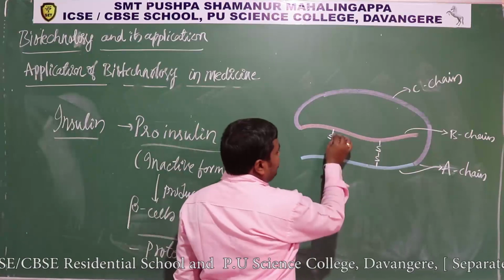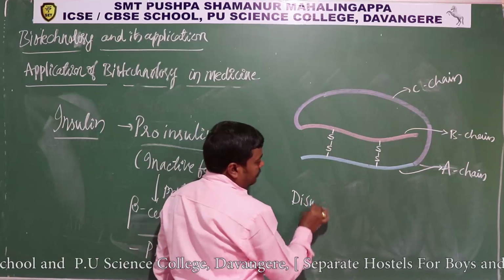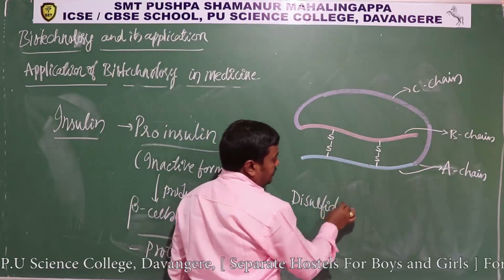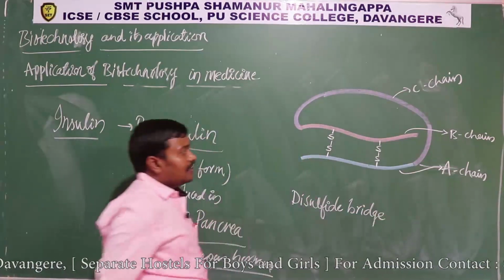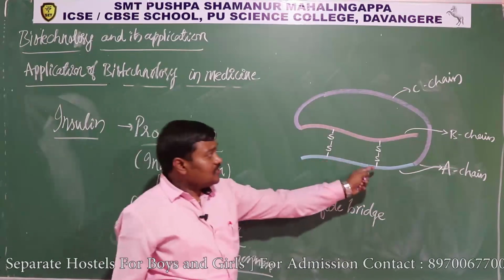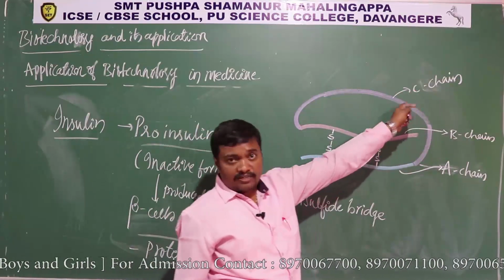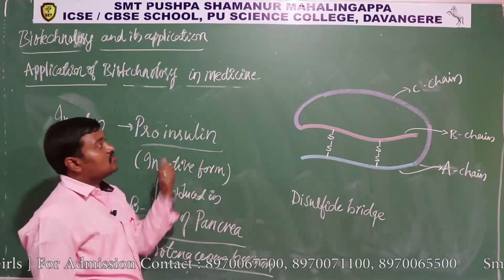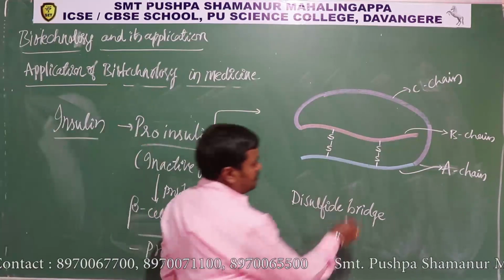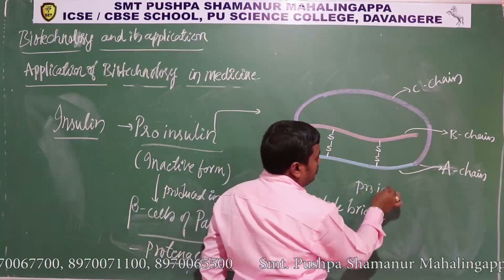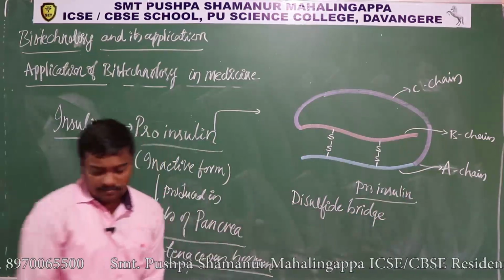Okay, so this is called disulfide bridge. Okay, so whenever the insulin is present with the 3 chains, A chain, B chain and C chain, it is termed as proinsulin. So this is the structure of proinsulin.